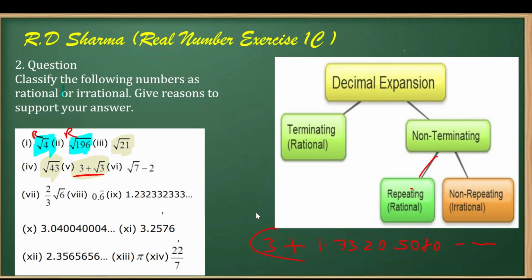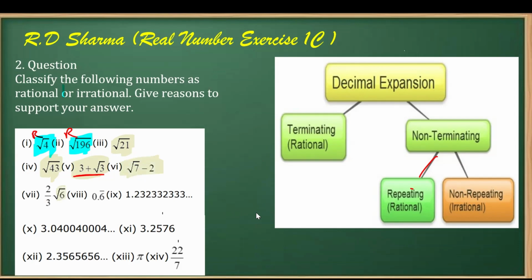If we add these together, we will get non-terminating, non-recurring also, like 3.7320 something like that. So what you can see is that 3 may be rational, but this whole is not rational. So this is irrational. Same reason why this is irrational.